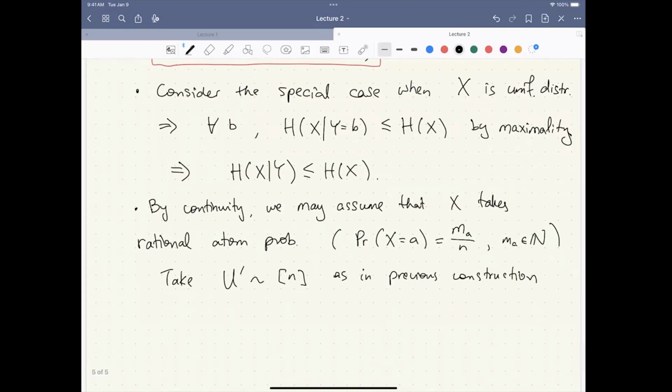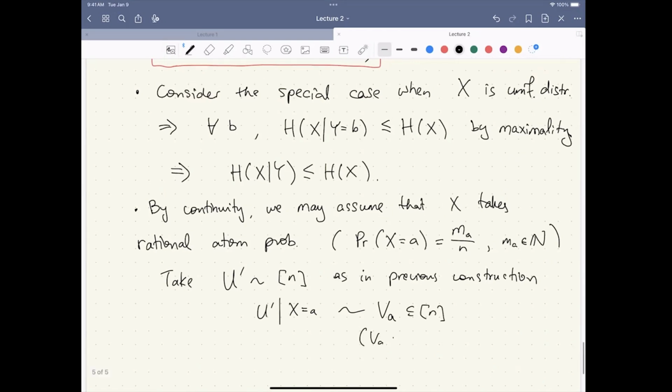Let's recall, when you fix the outcome of x to be a, then this random variable is uniformly distributed over v sub a, which is a subset of n, where the v sub a form a partition of n, with the size of v sub a equal to m sub a.